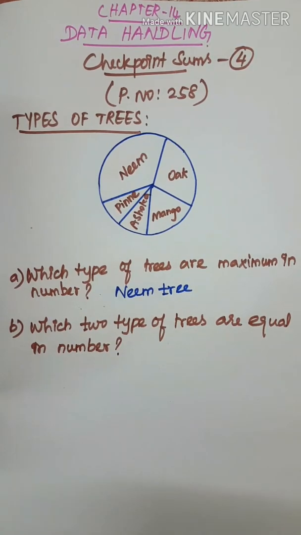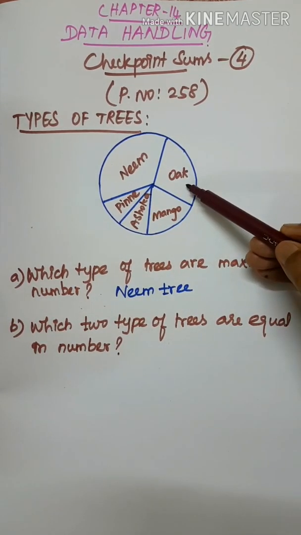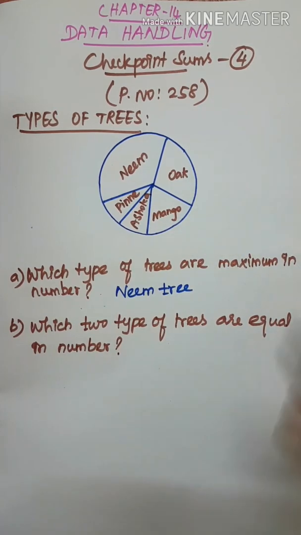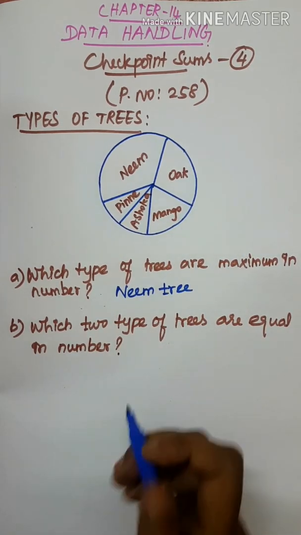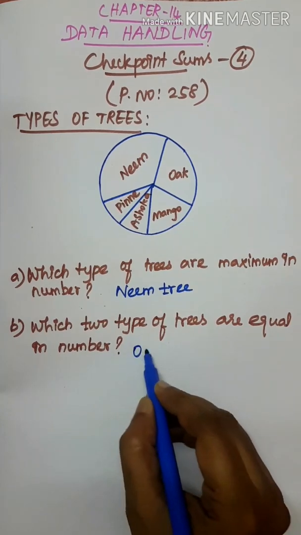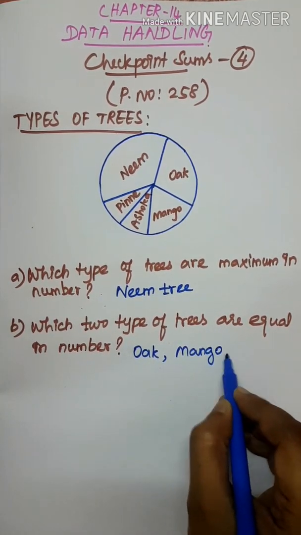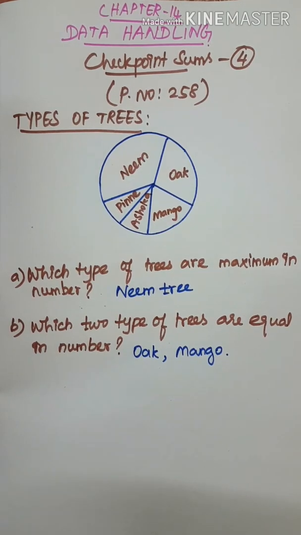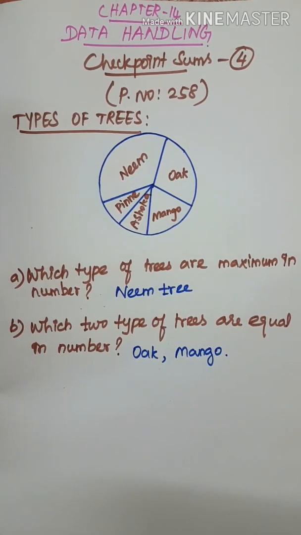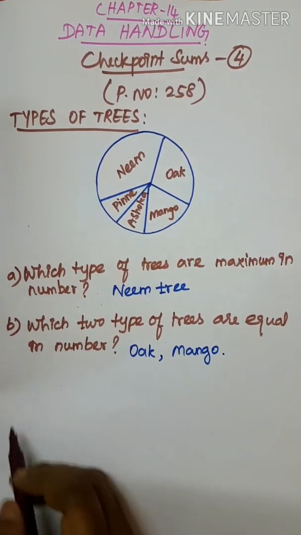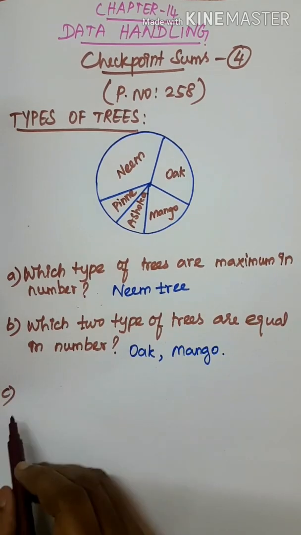Yes, which one? Look at the diagram. Mango and oak, both are occupying the same space. So the answer is oak tree and mango tree. Is it easy to understand, students? Yes, it's very easy. By understanding the circle graph, you can easily answer the questions.